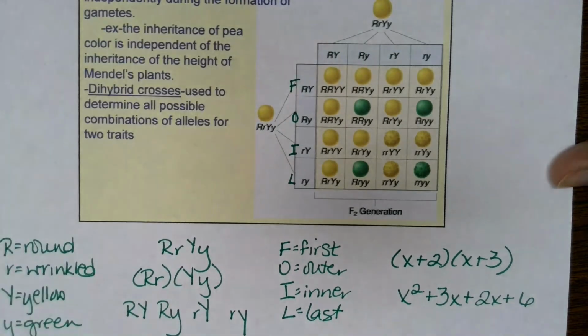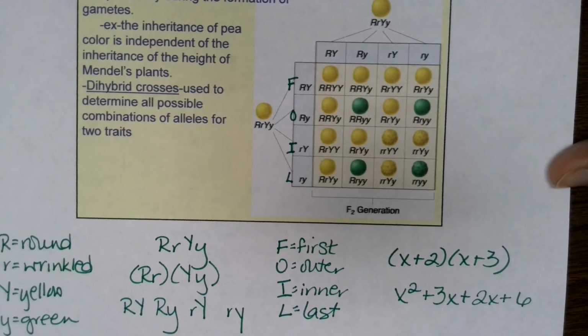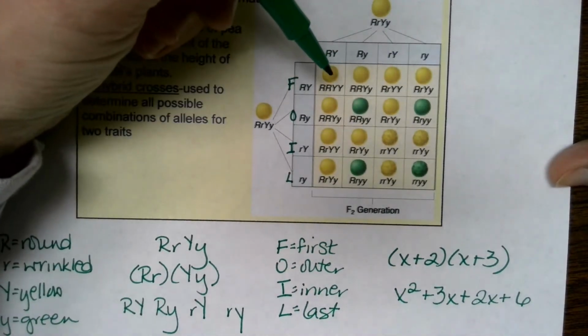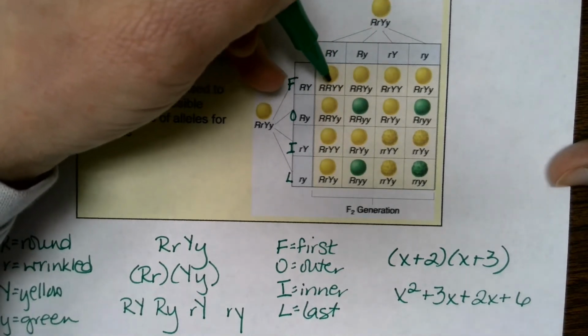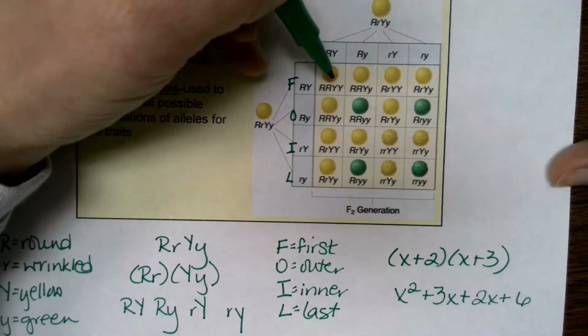Okay, so then we've got to figure out how in the world we are going to write a genotypic and a phenotypic ratio. If we look through this one, and this is kind of a hard one, I'm not going to write this out because it'll just take too long on a lecture video, but we only have one box that's this genotype. So I'm just going to walk you through the numbers here.